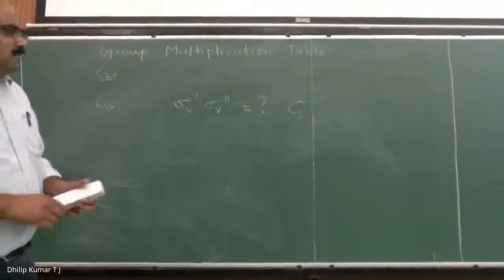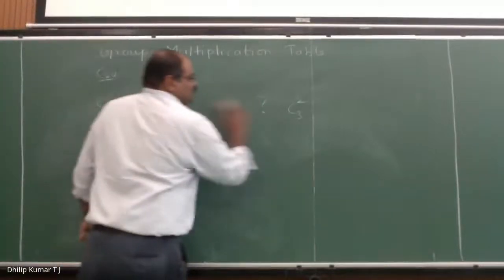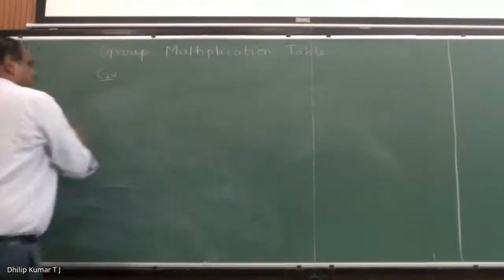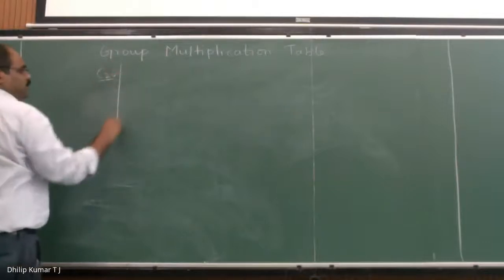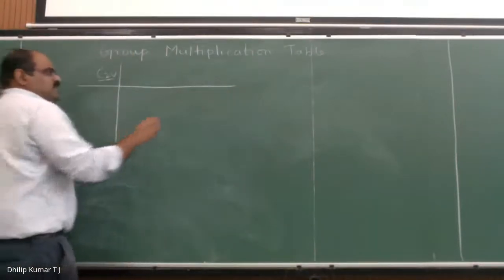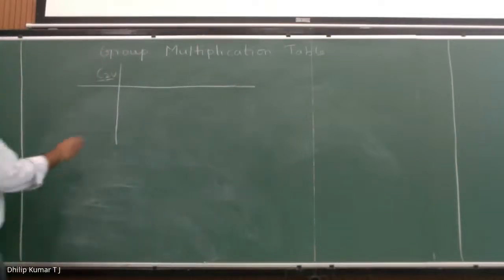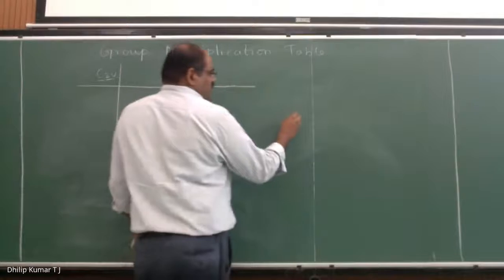Those who have done it, it's good. For those who are having problems or have not attempted it, let's redo it one more time. I'll leave C3V to you because it takes a long time. I'll do it only for C2V.